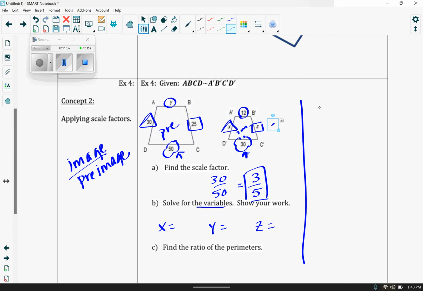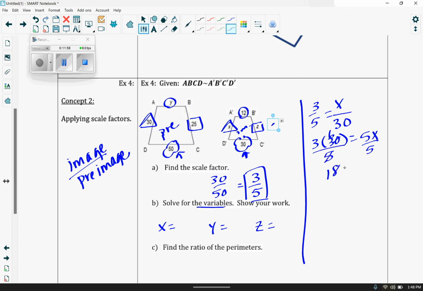So let's do the X. 3 over 5 is equal to, my X is a triangle, X over 30. So I'm going to say 3 times 30 equals 5X. Divide by 5, that goes in there 6.